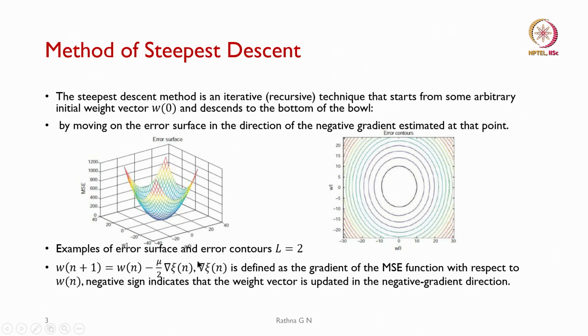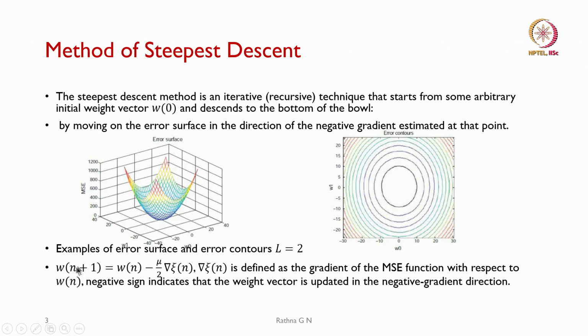For L equal to 2, this is the error surface we have got, and these are the error contours in concentric circles that we will be getting. And then how we are going to calculate, we said we will be deriving this shortly.